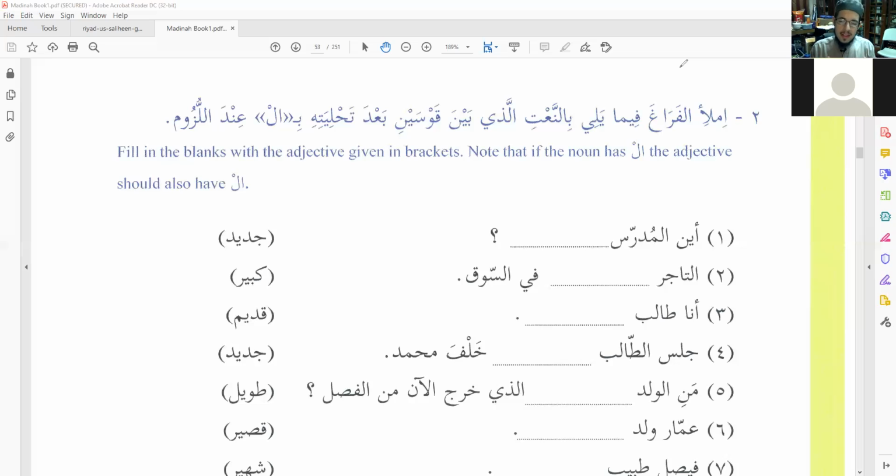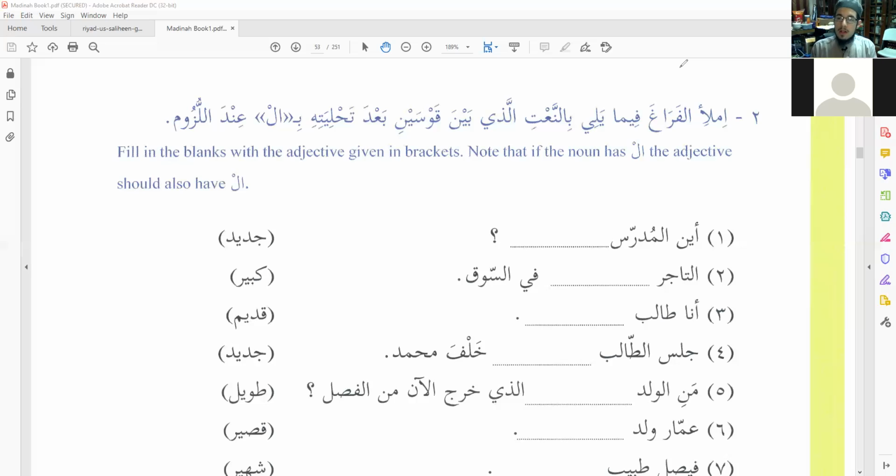So now what this exercise is going to have you do is make a decision as to where this sifah mawsoof pair is occurring. Is it in the khabar? Is it in the mubtada? Is it going to need tanween or is it going to need alif lam?